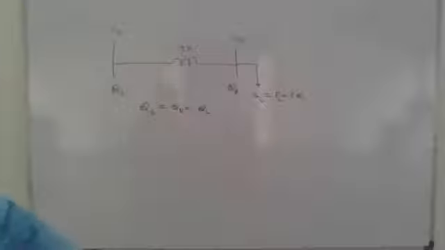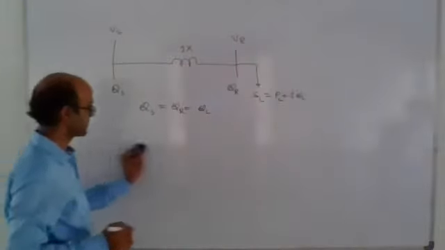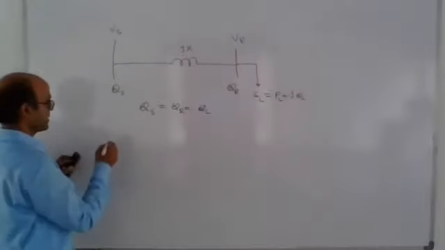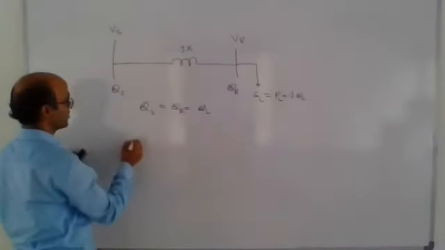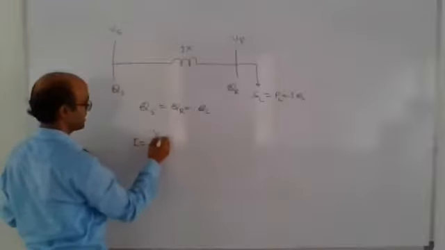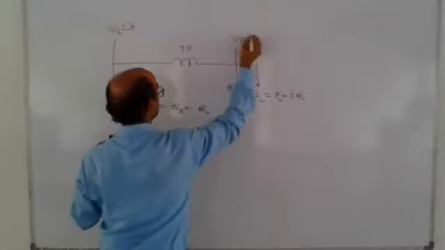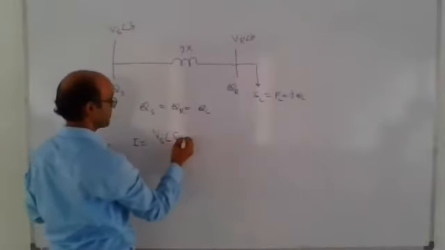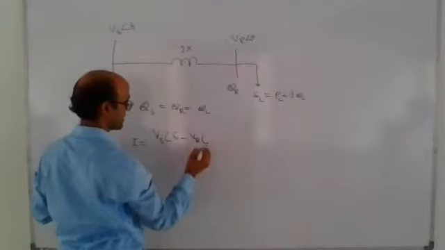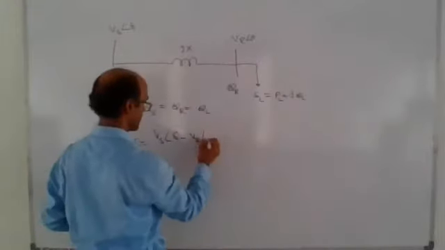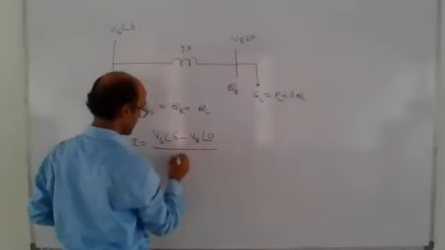So if you are writing the equation of current, what is the current? Current through this, S equals what? VS at angle delta minus VR at angle 0, divided by jX.